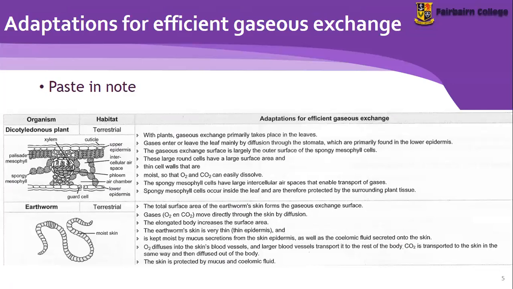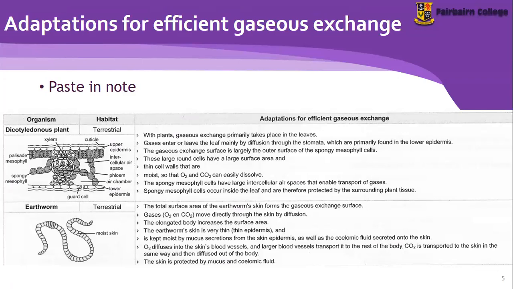Then the next part you don't need to know, so I think it is crossed out in your notes. If it is not, then you're welcome to cross it out. This was removed from this year's curriculum, and this is basically where we discuss how a bunch of different organisms do gaseous exchange differently and how they are adapted for their specific needs.